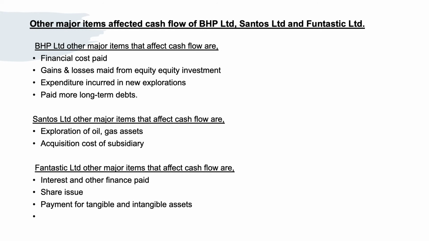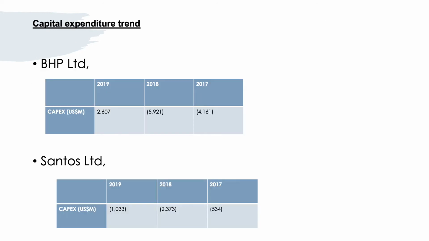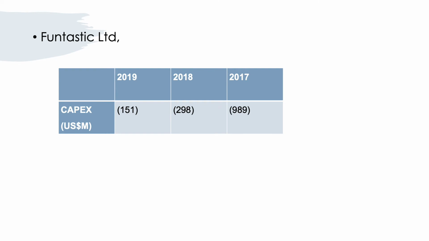So you can see as they have stated in the slide. Looking at the capital expenditure trend, BHP has a positive cash generated for capex in 2019 but negative in the other 2 years. Looking at Santos, they have a negative and growing trend for capital expenditure.